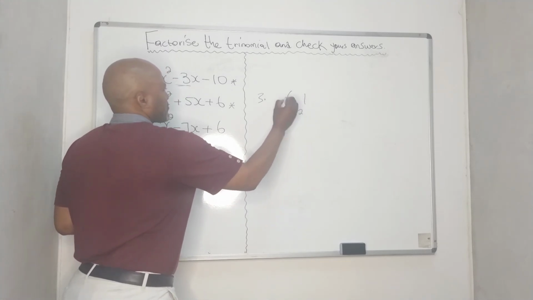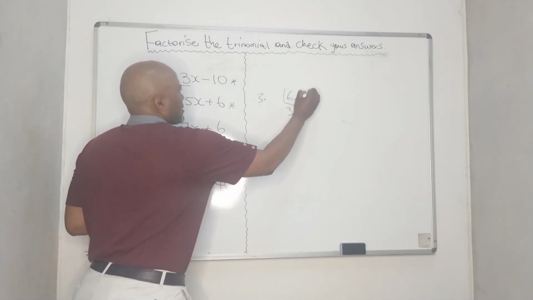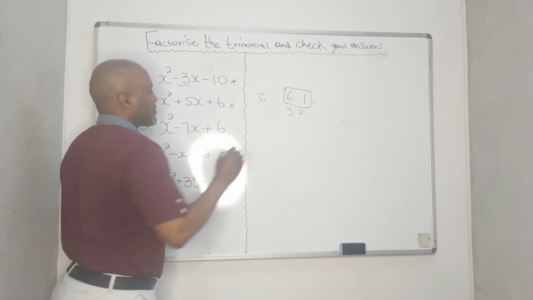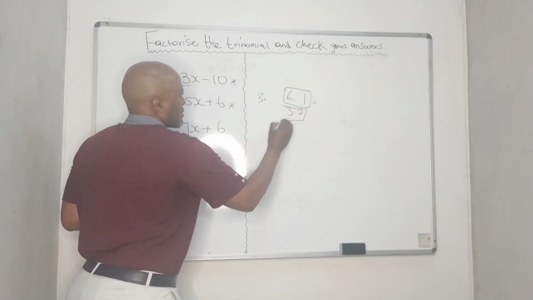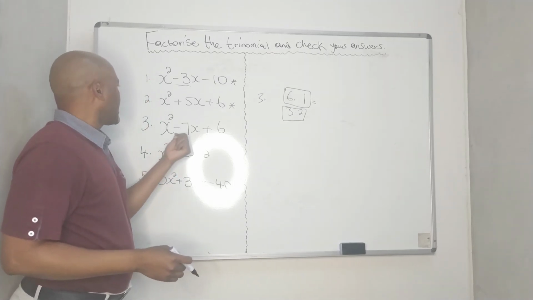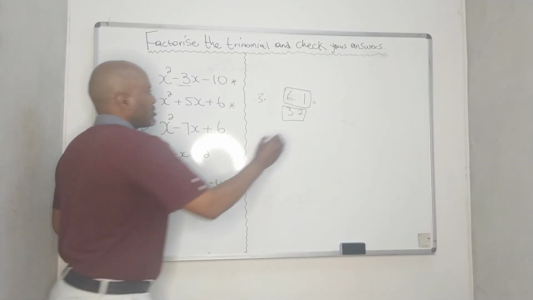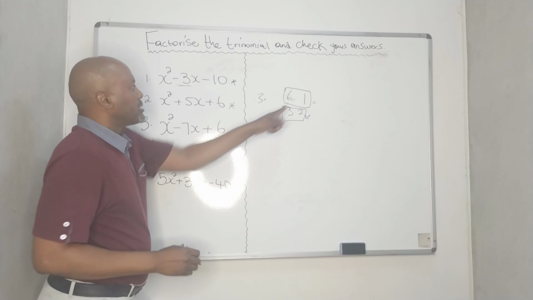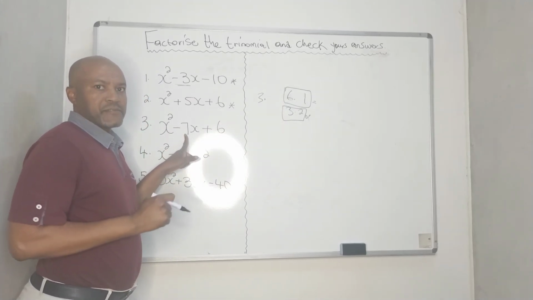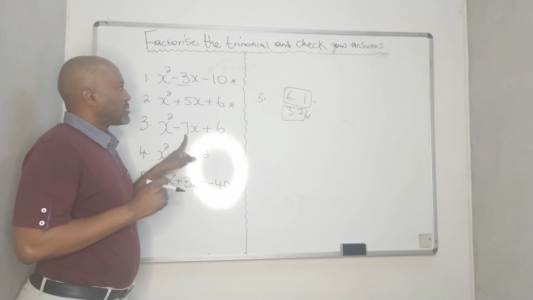This looks like the answer, but these ones, 3 and 2, obviously is out because you can't get negative 7. Now let's deal with this. The middle term has got a negative sign.